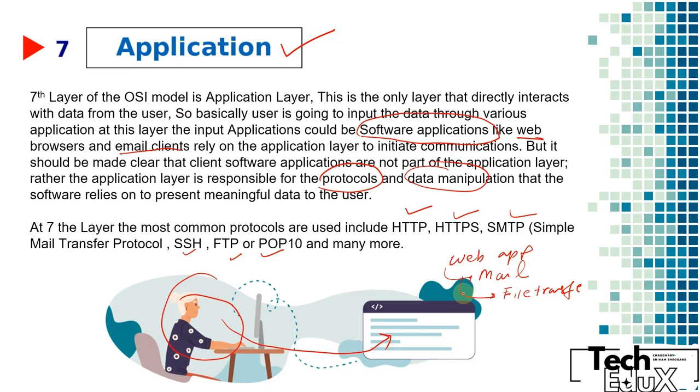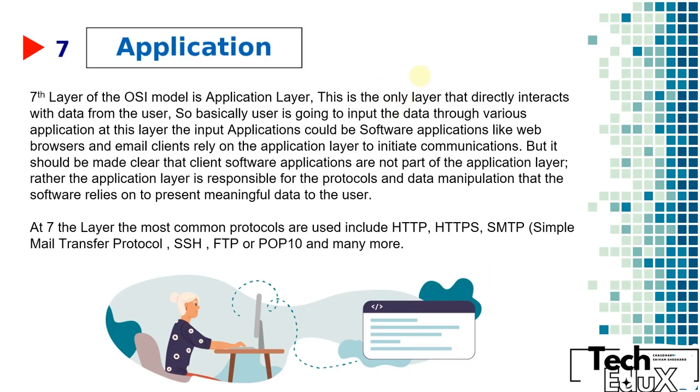But not all applications come under layer 7. How? For example, we have some games sitting on this computer, like solitaire or chess. Okay, when you are playing these games, do you think you are going to the internet?